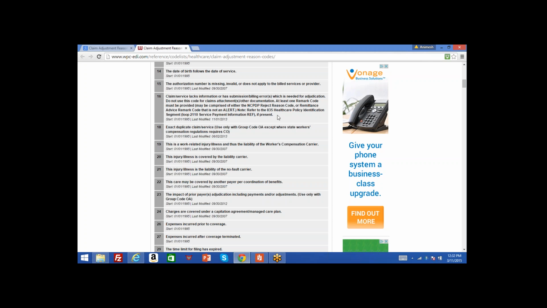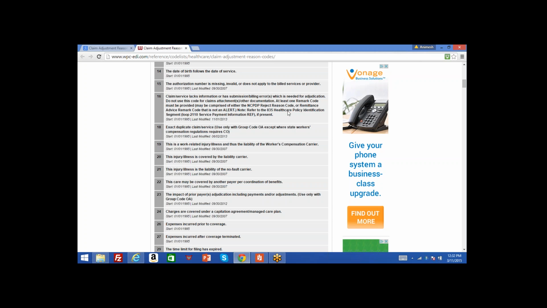For example, it says loop 2110 service payment information and REF, if present, the message needs to go out. Refer to the 835 healthcare policy identification segment. So this is the segment where the message needs to be provided as per the need of the claim.